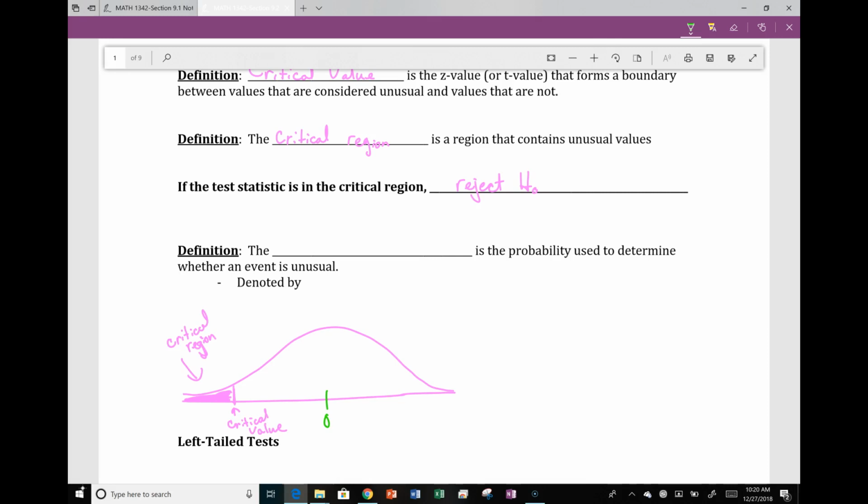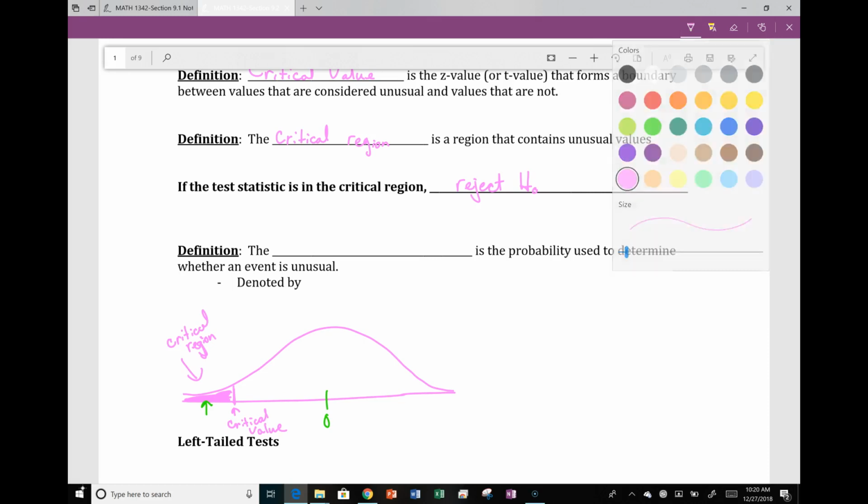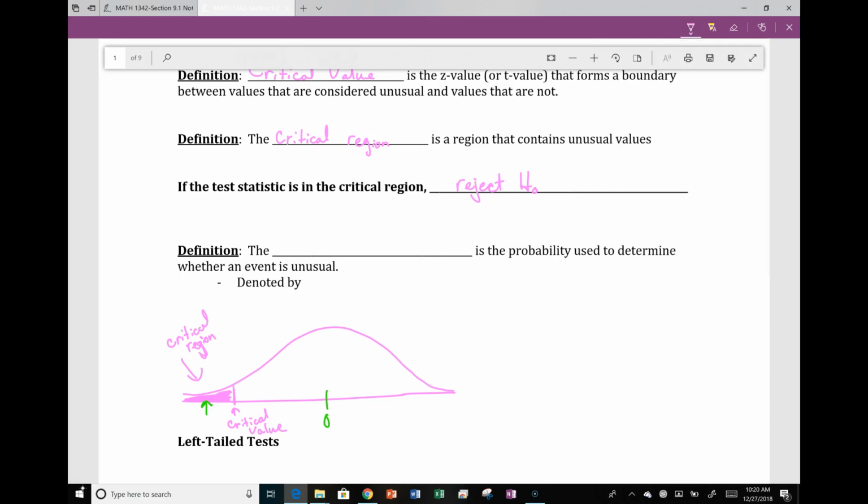If my test value falls in here, then we will reject the null hypothesis. If the test value does not fall in there and it falls somewhere in this unshaded region, we will not reject the null hypothesis. And again, we will continue discussing this as we go through.